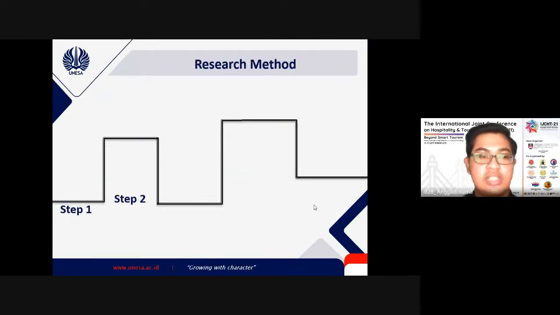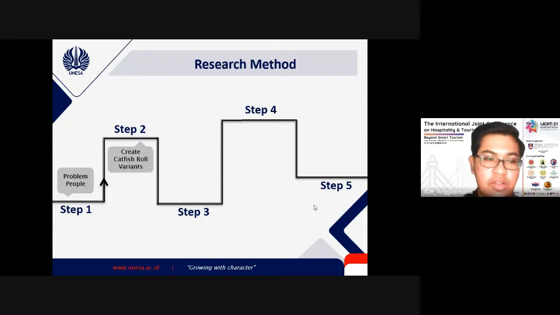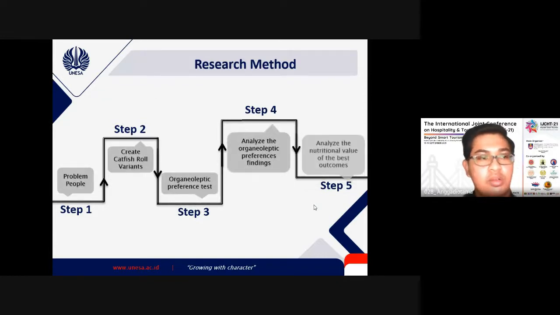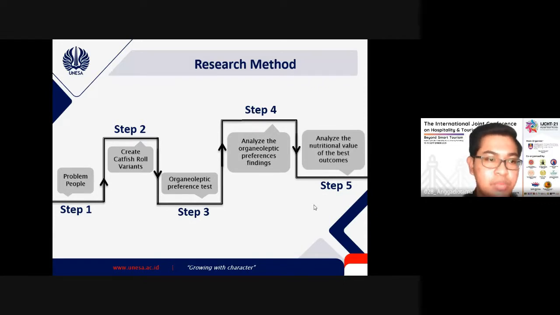After that, research methods. I have five steps. Step one, problem identification. I researched many people and I have a creative idea. Step two, create catfish roll variants, conducted at the State University of Surabaya, using an experimental research method.